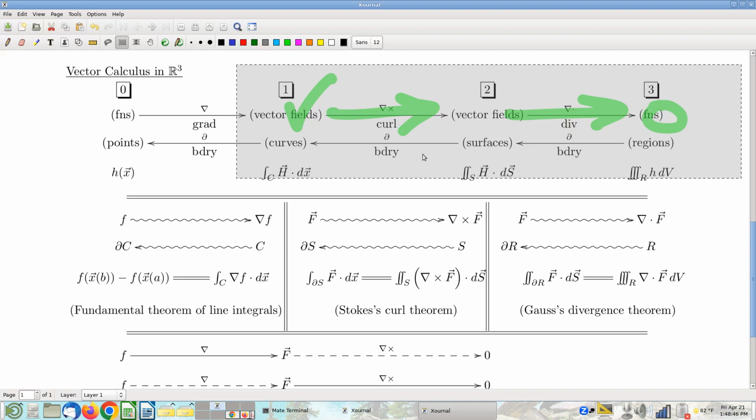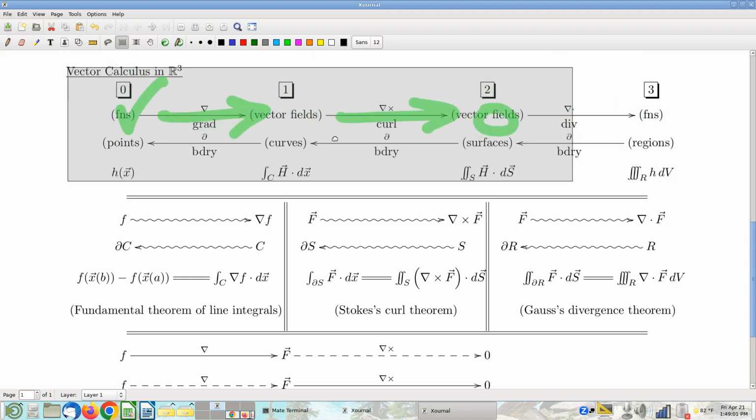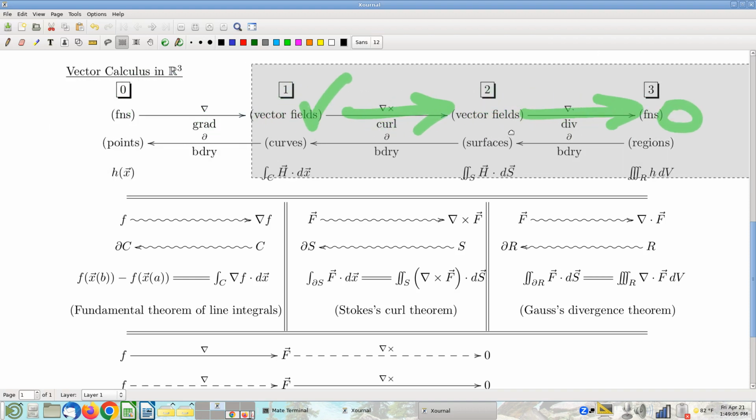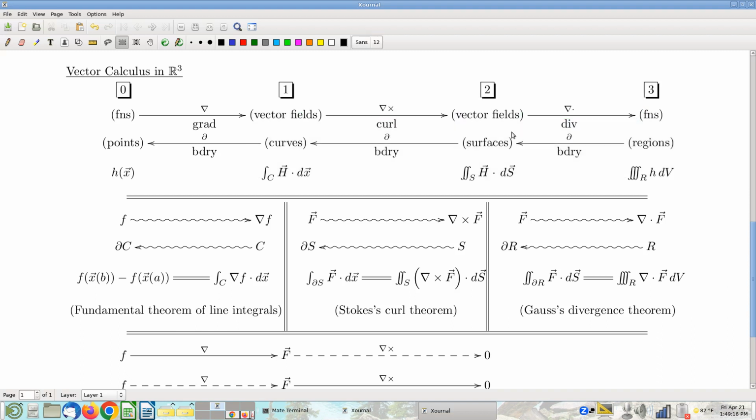All curls have divergence equal to 0, and if divergence is equal to 0, then it's a curl. Regularity issues assumed, of course, and we're not going to get into non-regular stuff. So the same relationship appears in two different places on the diagram. How about that for eyebrow raising? What are the odds? Surely this must mean something. I think that's really interesting.